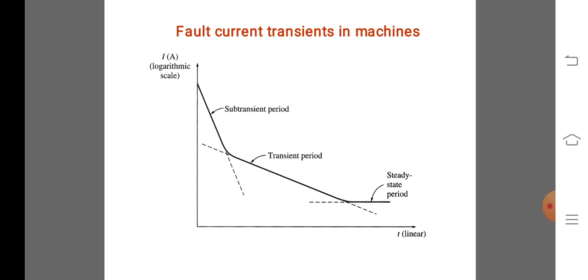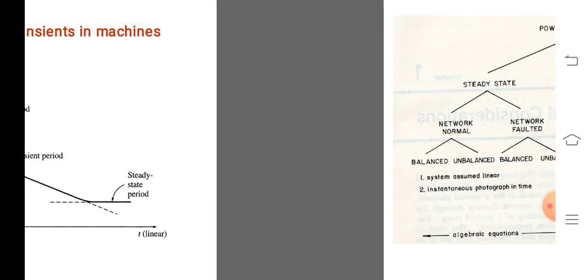The x-axis takes time t on a linear scale, and the y-axis takes current on a logarithmic scale. While the power system operates, this fault current transient occurs across the system machine. So we have picked this variation from that operation.